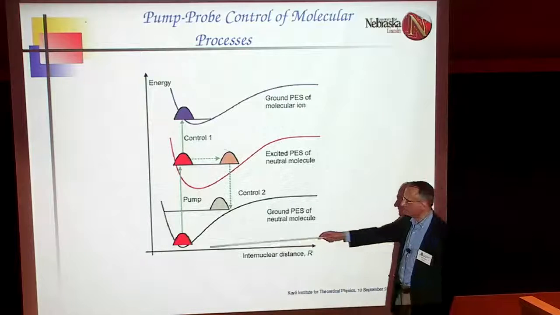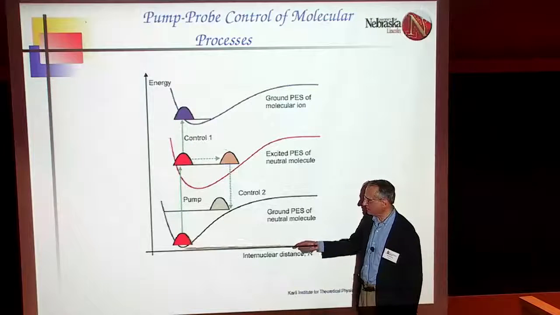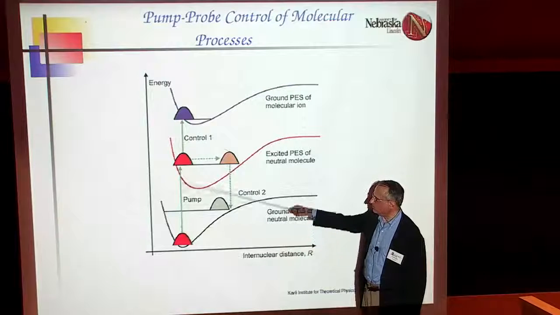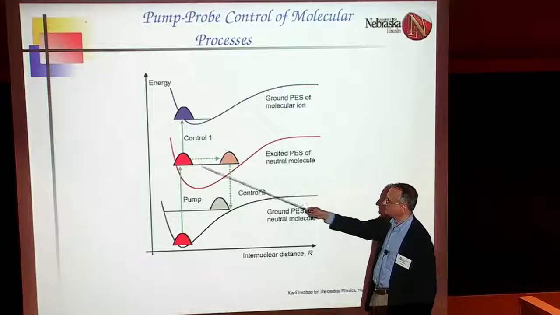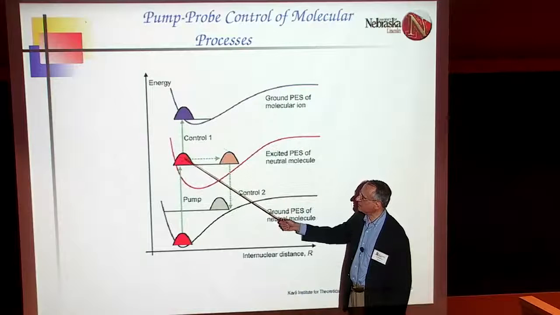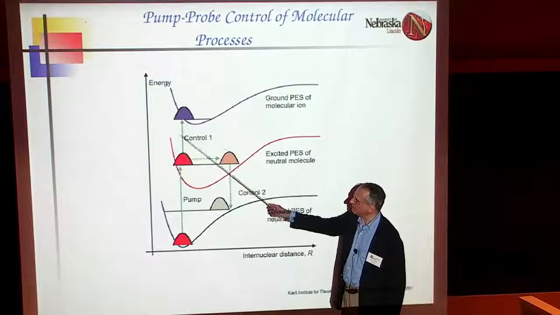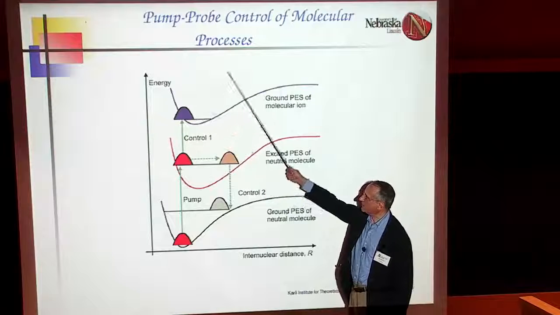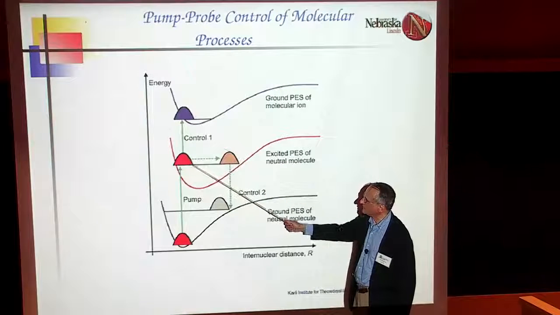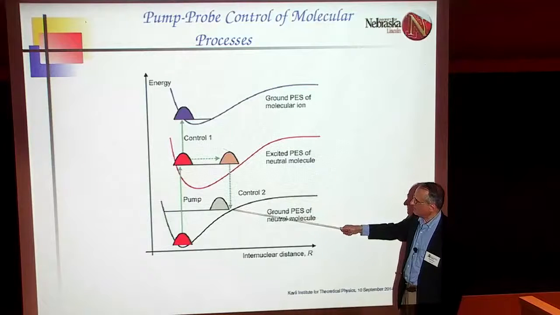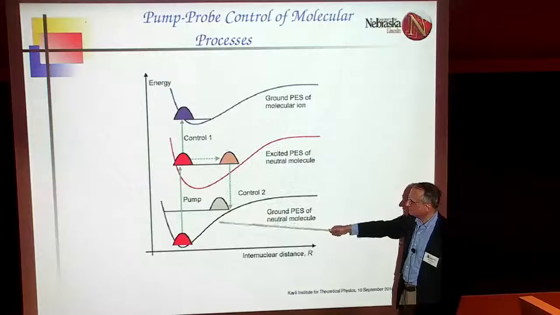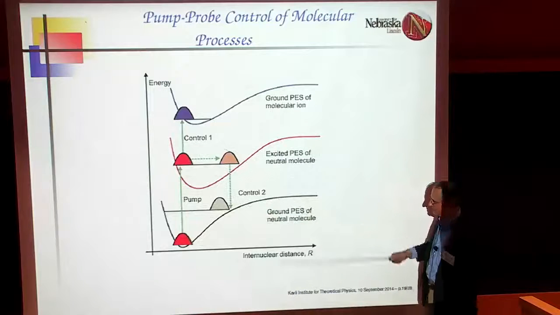And the idea would be that if you have an electron in this lowest state, you pump it up with an attosecond pulse to some intermediate state, and then you could get a second pulse and pump it up even higher, or you could let this evolve in this potential, and then with the second pulse move it down to an excited state in the ground potential.